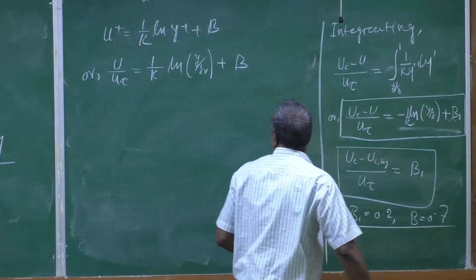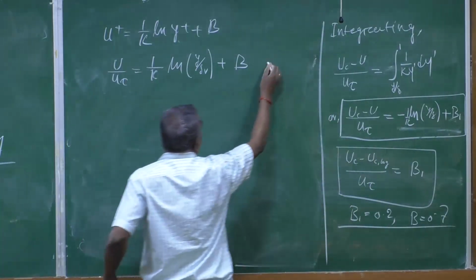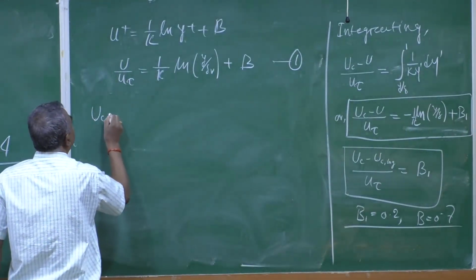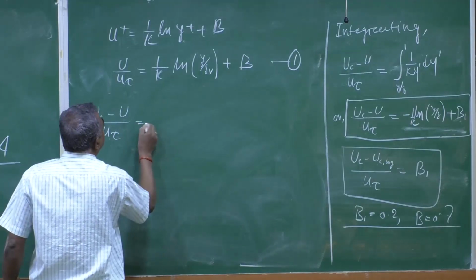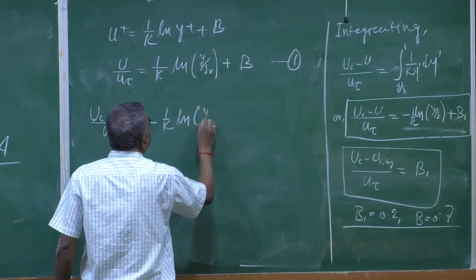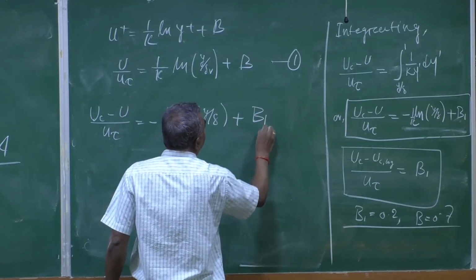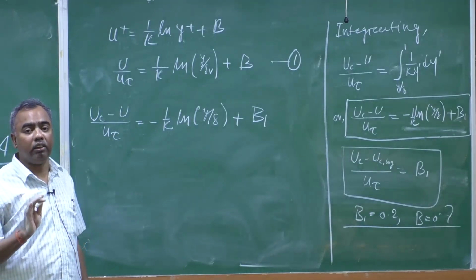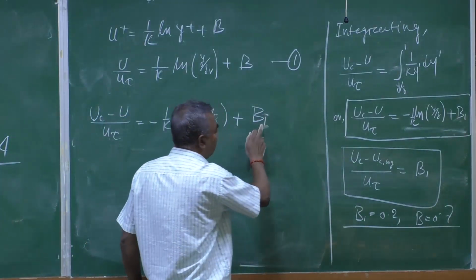So, this is one equation, let us say this is equation 1, and another equation is u c minus capital U divided by u tau is equal to minus 1 by kappa ln y by delta plus b 1. Here the b 1 is a flow dependent constant which you need to add. Keep it in mind.